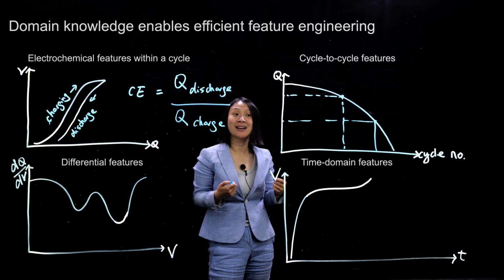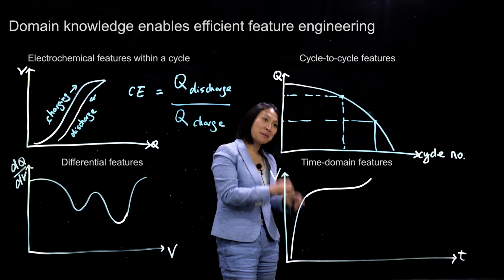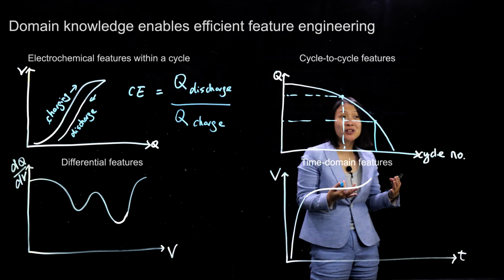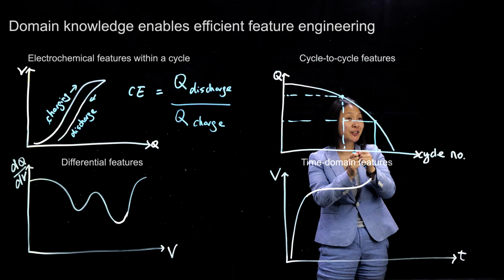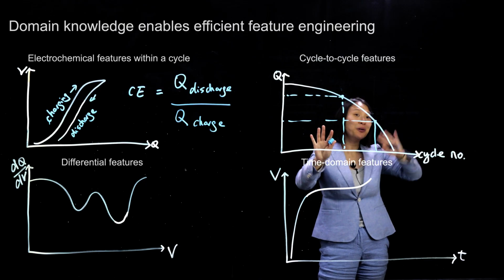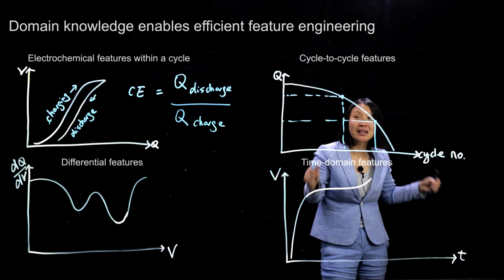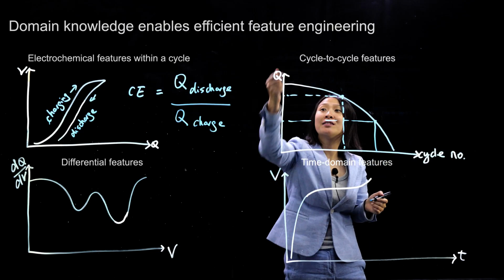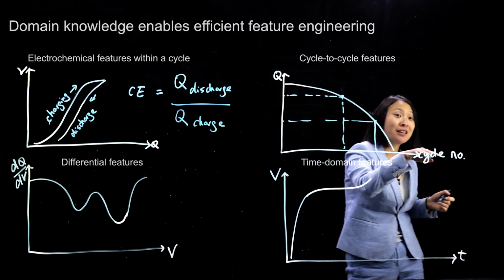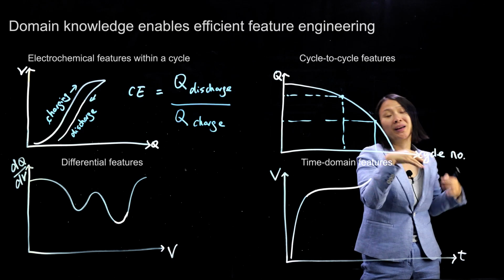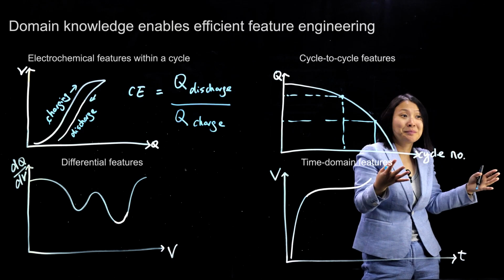Similarly, a lot of times we are interested in how a feature changes from one cycle to another, because this encodes degradation information. Here, for example, we have the capacity changes as a function of cycle number, or in other words, as a function of time.